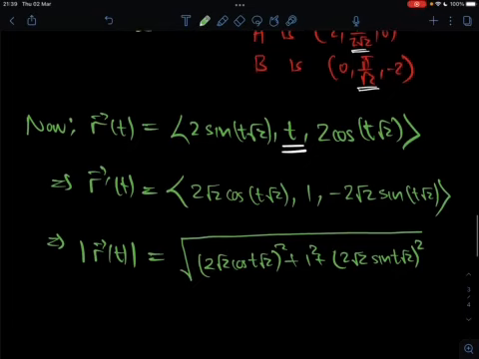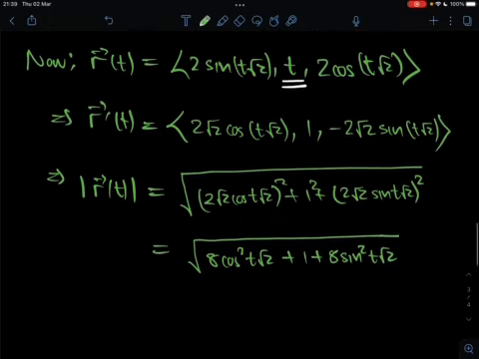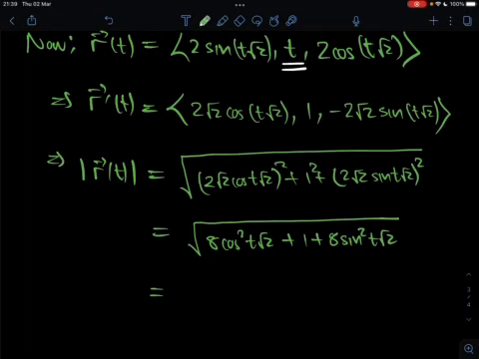If we simplify that and square the terms, we have 4 times 2, which gives 8 cos squared t root 2, plus 1, plus 8 sine squared t root 2. The trig functions, I can pull out the 8 and group them together, so I get cos squared t root 2 plus sine squared t root 2.